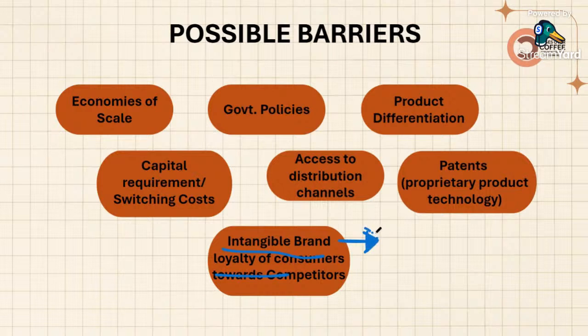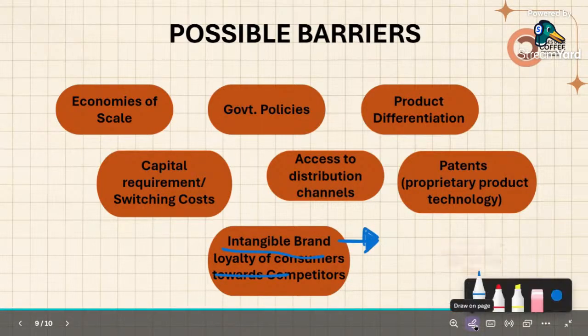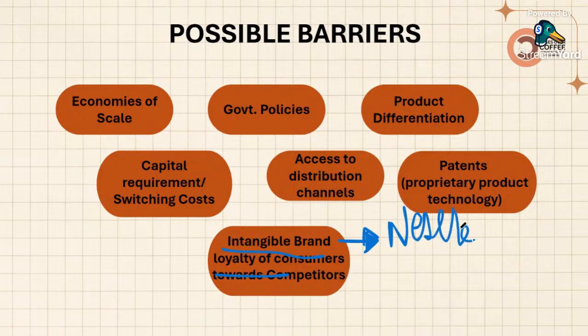So even though a new entrant enters the market, due to the competition, they won't be able to gain much market share. One example that came to my mind is Nestle Maggie. Nestle Maggie holds the majority of the market share, and it is very difficult for any other brand to enter the space because of the consumers' loyalty towards Nestle.